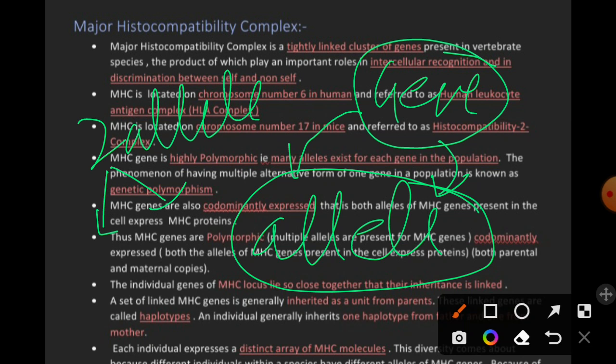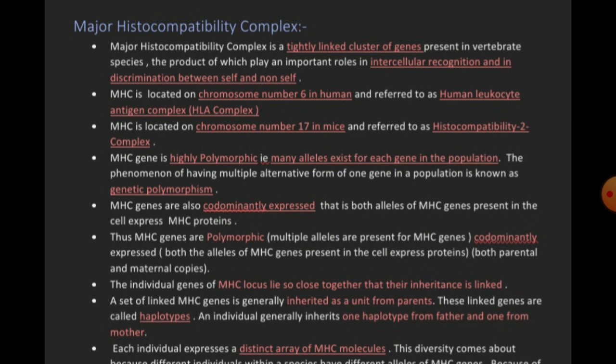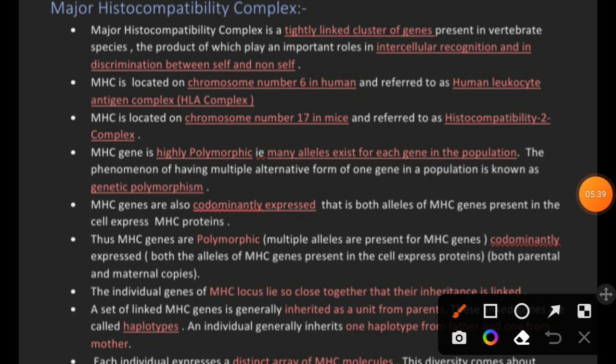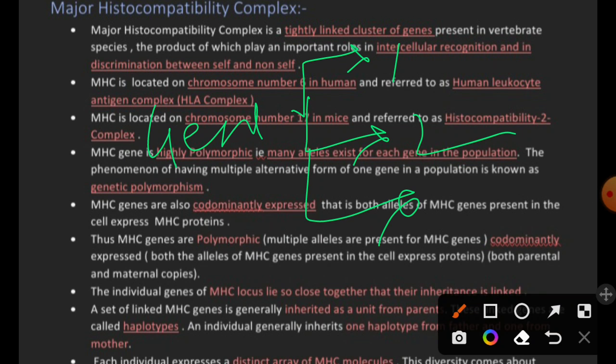But in some cases, which we know as deviations of Mendelian principles, we may see that for one gene there are multiple alleles. That means there may be 3, there may be 4.